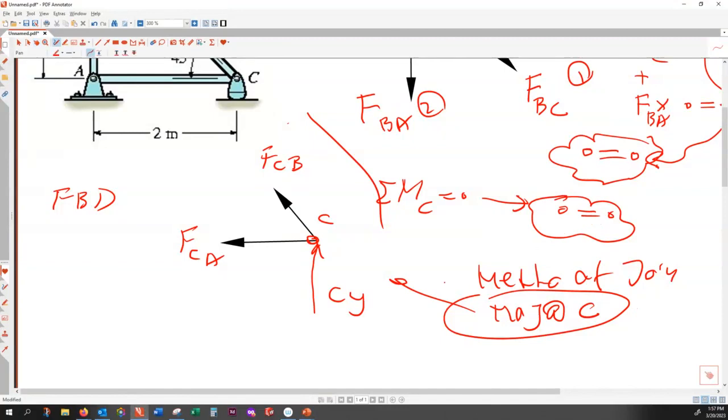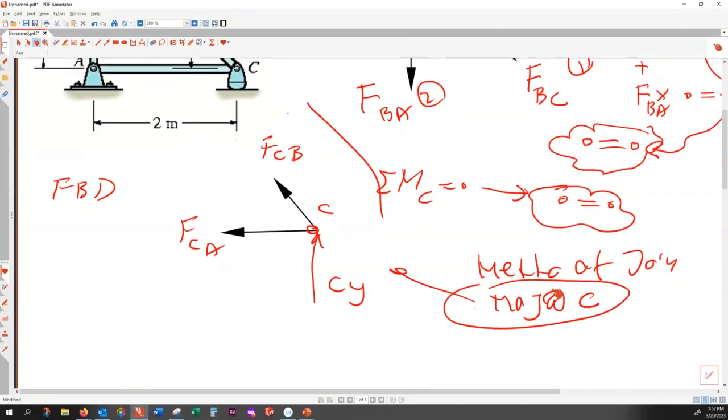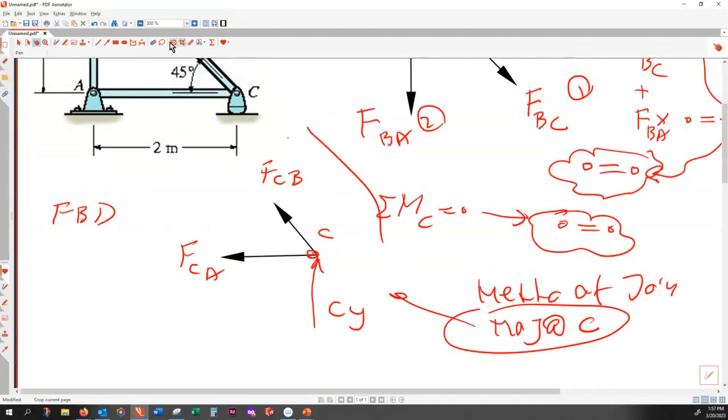So what if I apply method of joint at A? Can anyone help me apply method of joint at A? If I apply it, what happens? I have to release that reaction. That would require two forces, one force AX, one force AY, and then I have another force FAB, and also another force FAC.